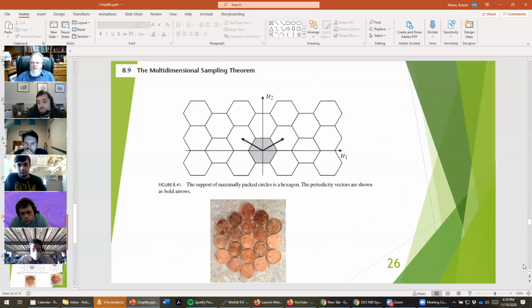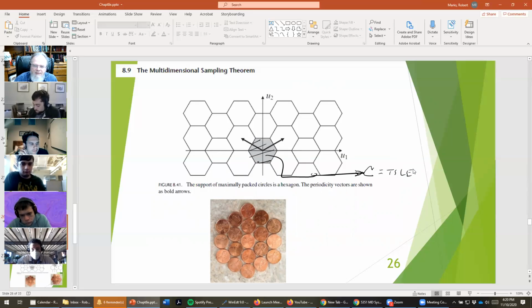Now, there are also cells other than the rectangular cell. Here, for example, we have our old friend, the hexagonal replication, correct? I'm sorry, I'm calling it a cell. I should be calling it a tile.